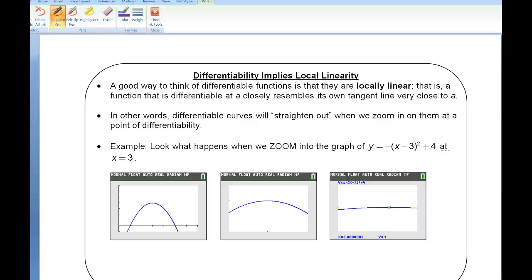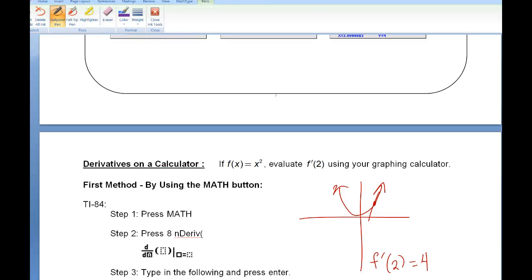Then we talked about how you take any function and zoom in further and closer, and the more we zoom in, the more it's going to look like a straight line. That's basically what we're looking at with a tangent line.